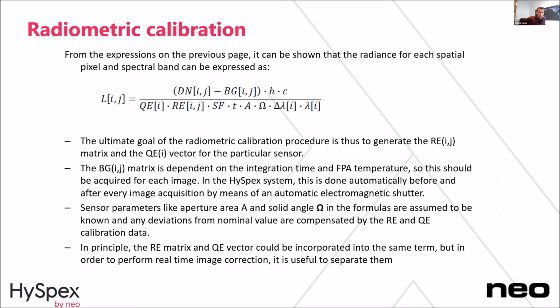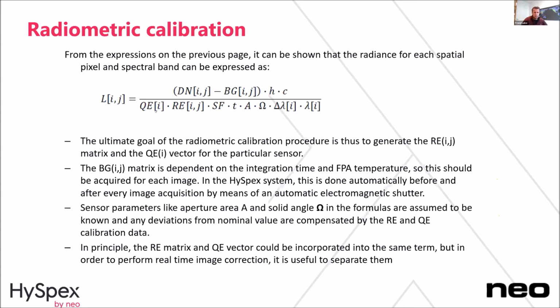Yeah, and this is a function to describe your radiance level as a function of digital number, dark current, Planck's constant, the speed of light, and the quantum efficiency, RE, scaling factor, entrance aperture area, solid angle, your spectral sampling, and the center wavelength of every band.